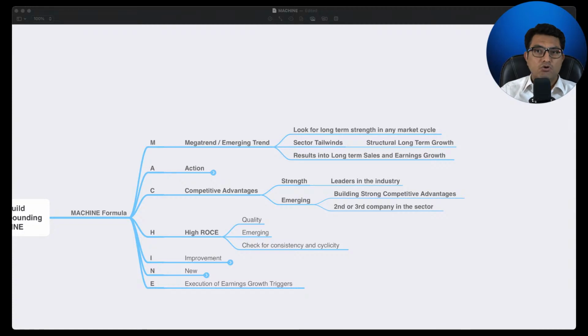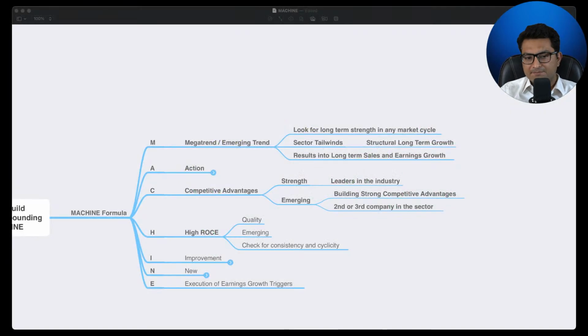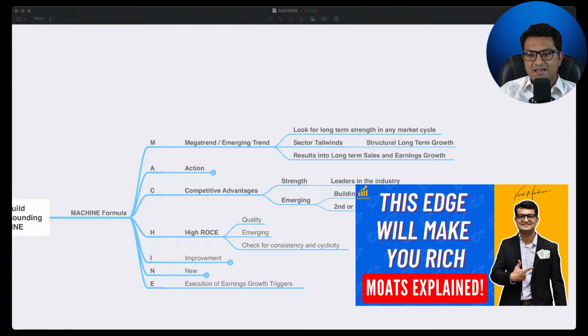Now high ROCE is very important, and I share this inside my community in terms of a tree analogy. Not all businesses are good in terms of putting money. You need to see whether they really have good moats. I have a detailed video on that. Just type what are economic moats and how to identify a company with economic moats, and you will get a video on my channel.